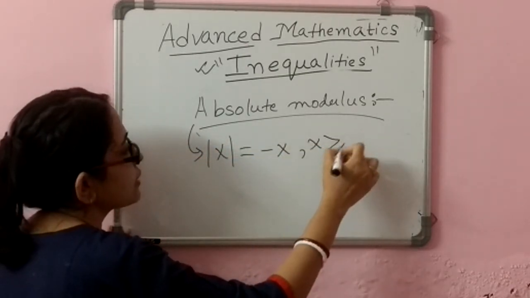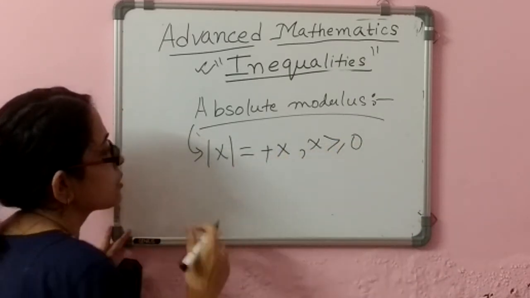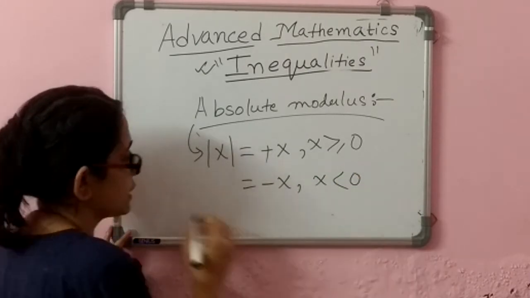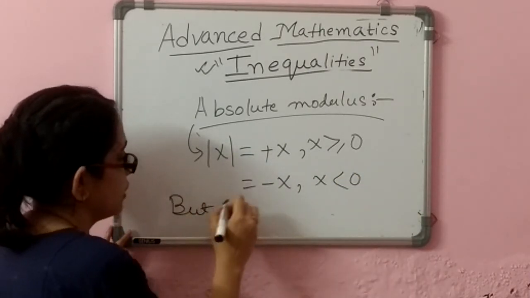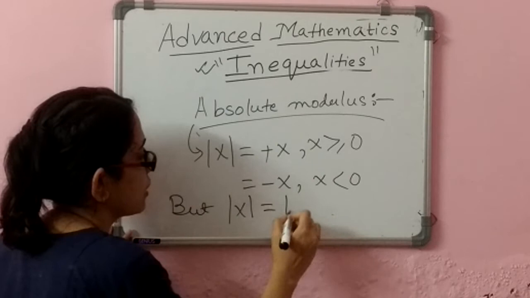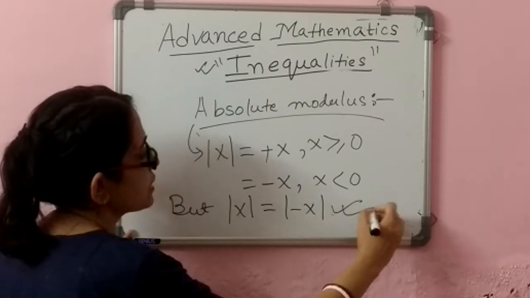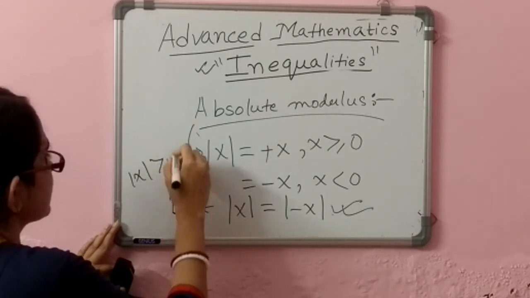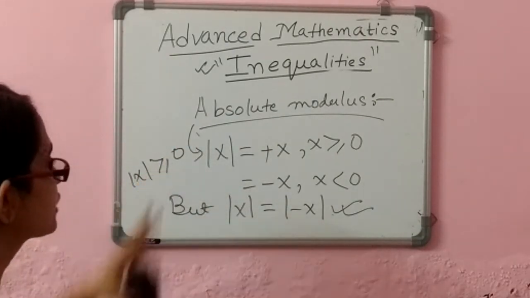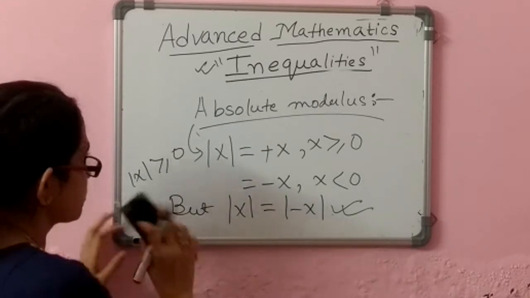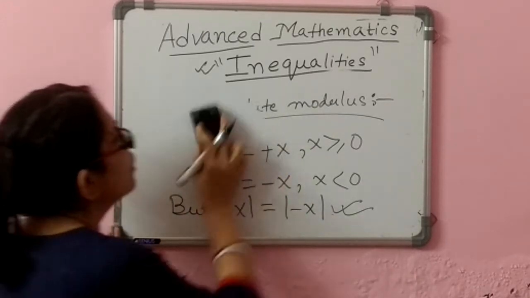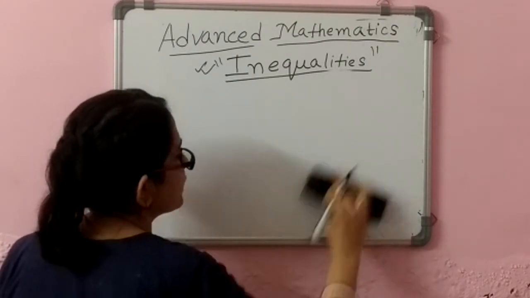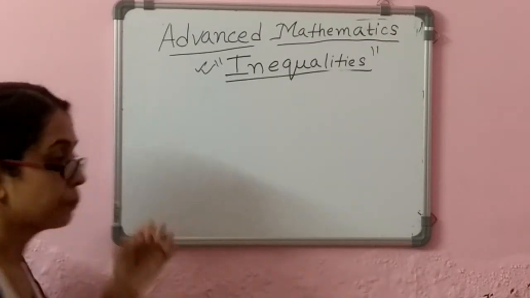For x greater than or equal to 0, it is positive, and for x less than 0, it is negative. Generally, modulus of x is always considered to be greater than or equal to 0. So this is the small concept about the absolute modulus of any natural numbers.